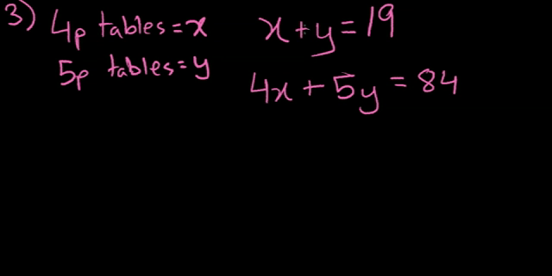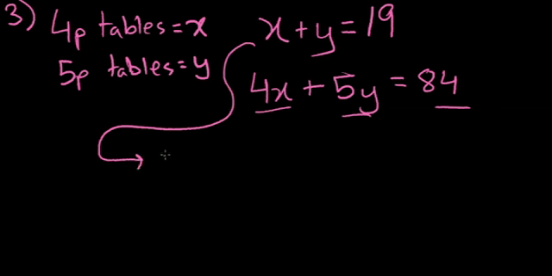So what can we do here? We can find a value of x and then plug it into this equation. Bring it over here. X equals 19 minus y. So let's plug this in over here.